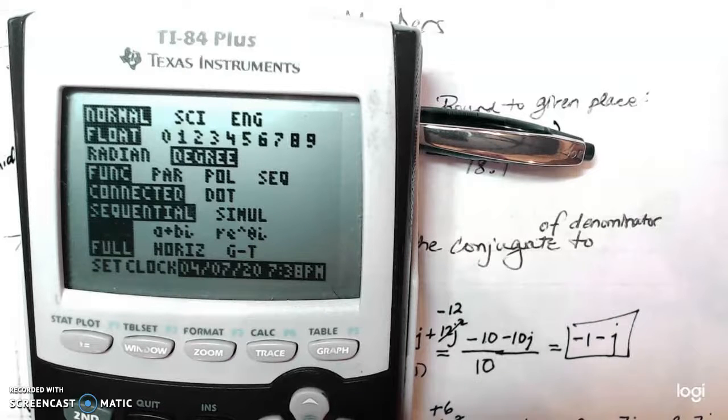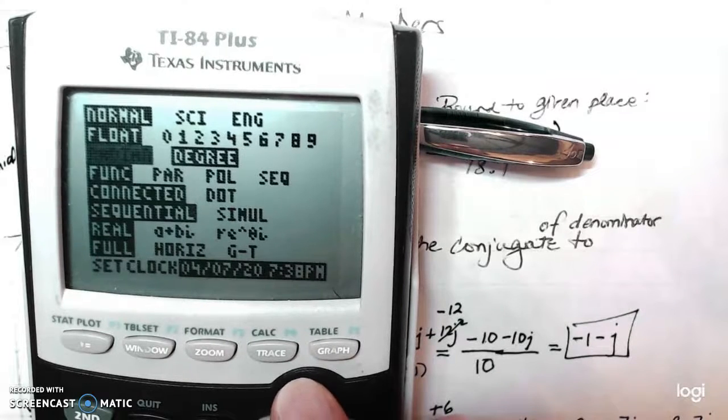So if you're using a Texas Instruments 84 calculator, just a refresher here, make sure that you have converted your calculator to perhaps 2 decimal places, if that is important for you not to have a whole bunch of decimals that you don't need.